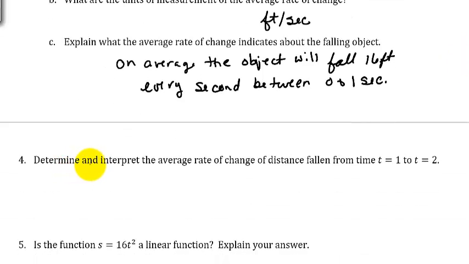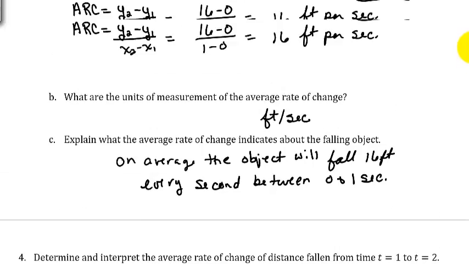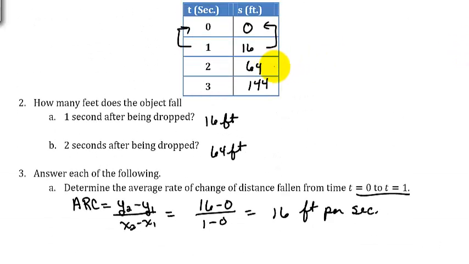Now we want to determine and interpret the average rate of change of the distance fallen from time t equals 1 to t equals 2. And so again, average rate of change is going to be y2 minus y1 over x2 minus x1. And we want to do this now from t equals 1 to 2. So that was what I was doing before.